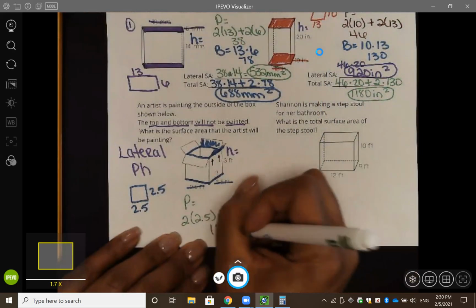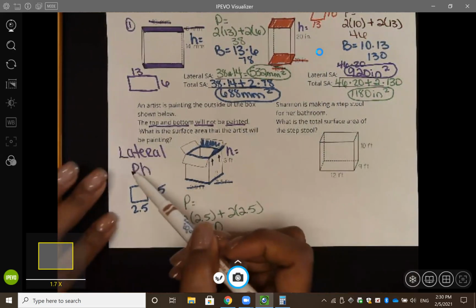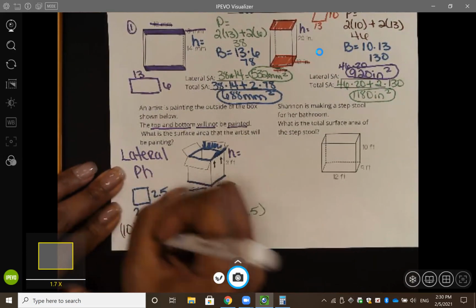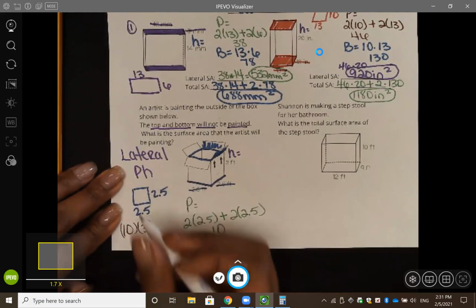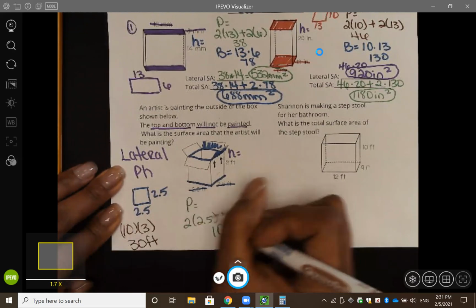So my perimeter is 10. So perimeter is 10 times my height, which is 3, and 10 times 3 is 30 feet squared.